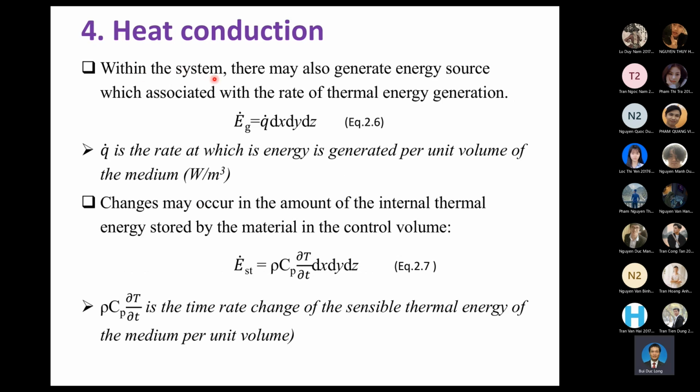Within the system, there can also be an energy source associated with the rate of thermal energy generation. So we have E dot generated equal to small q dot multiplied with dx, dy, dz.